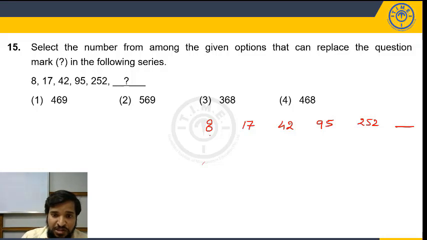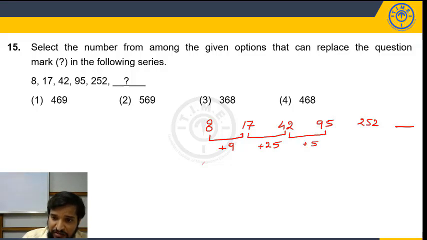Now, what's the difference between 8 and 17? It was increased by 9. 17 to 42 increased by 25. 42 to 95 increased by 53. 95 to 252 is 157. 9, 25, 53, 157.